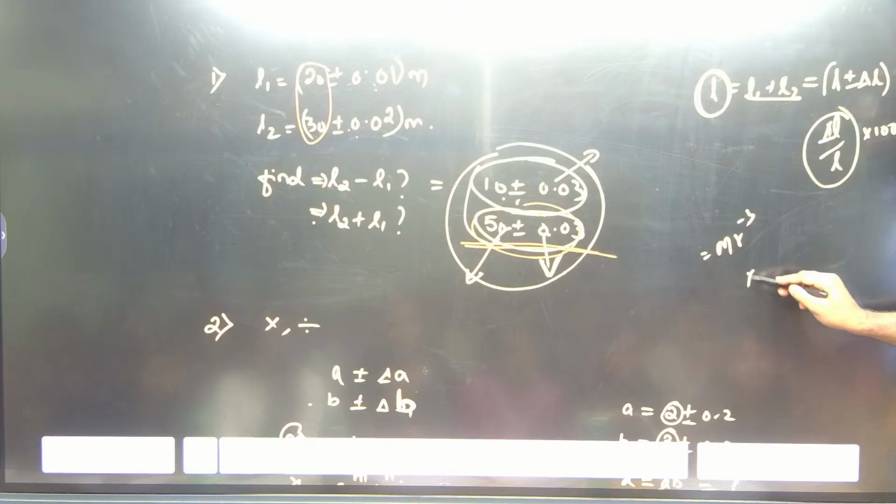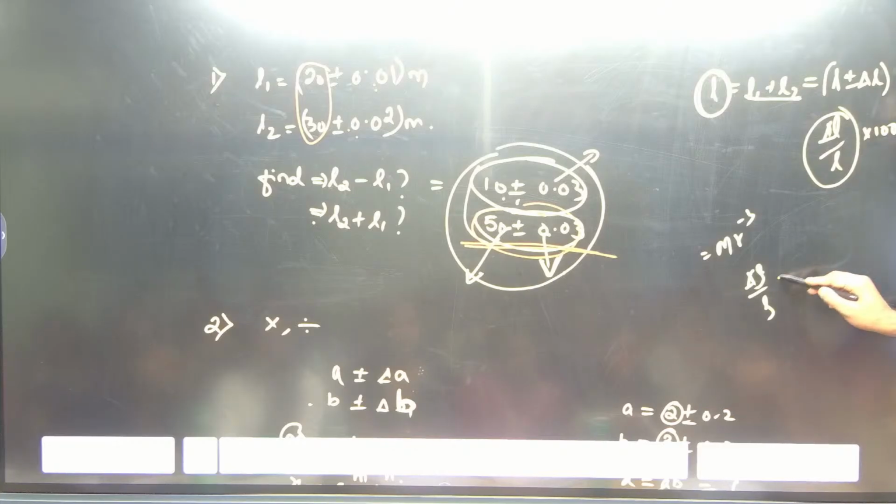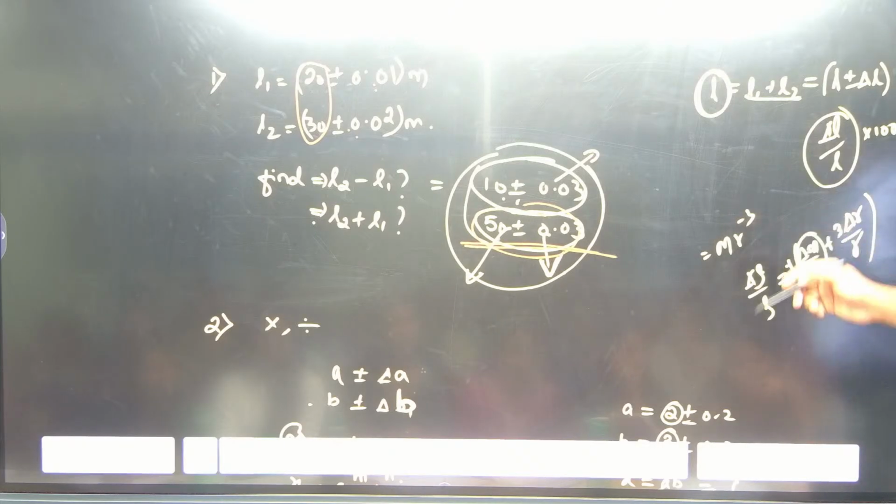So how to find delta rho by rho, the density, is equal to delta m by m plus 3 times delta r by r. It is in terms of plus or minus. So the percentage for the mass is how much? 3% they have given. 3 plus 3 times 2, which is nothing but 9. So this is the answer.